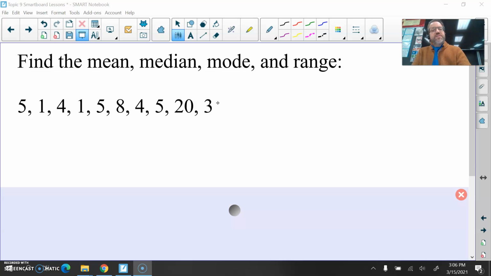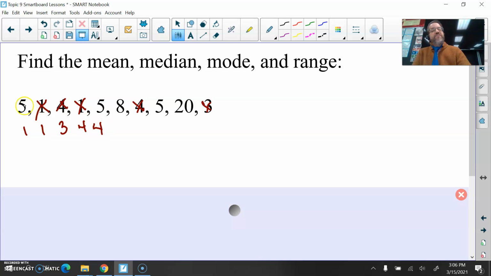I have some ones here, a couple of them. So I'll write those down. 1, 1. Next, let's see, do we have any twos? I don't see any twos. How about 3? Here's a 3. And then 4, 1, 2 of them. I like to cross them off as I go.